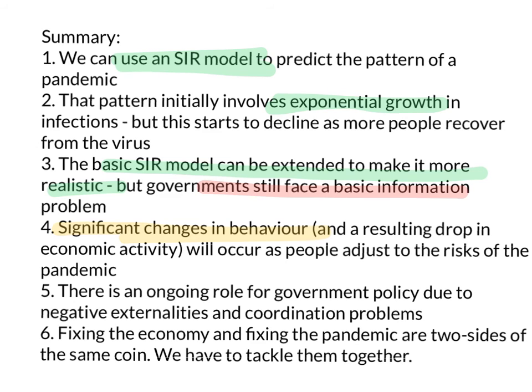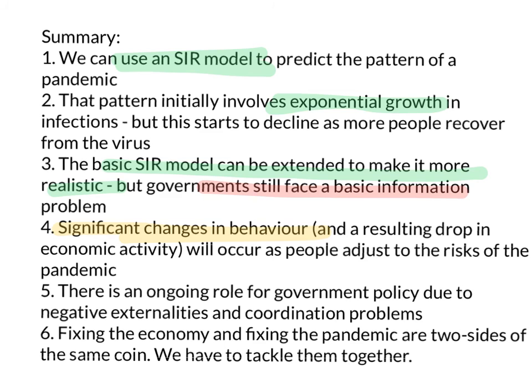Well, they mean that the pandemic will follow a very, very different path, a different path to that predicted by the SIR model, and that similar societies, because of a coordination problem, may also have very different paths for the pandemic.